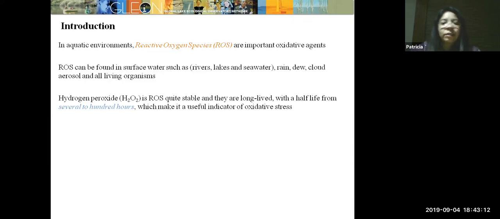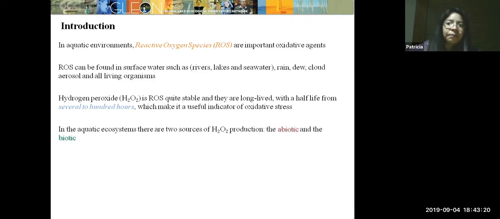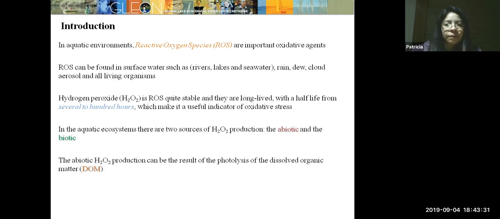Other ROS, such as free radicals, are very quick and don't have a very long life, so we cannot measure them. In aquatic ecosystems, there are two sources of hydrogen peroxide: the abiotic source and the biotic source.